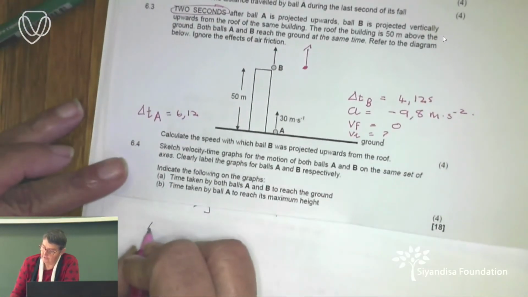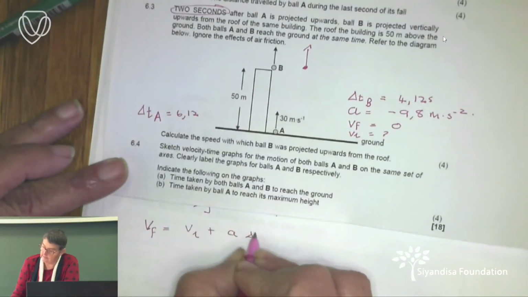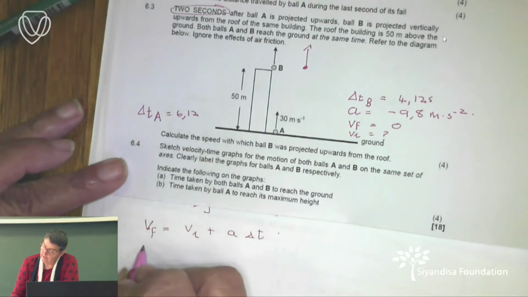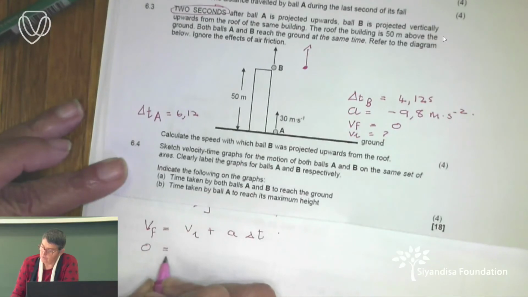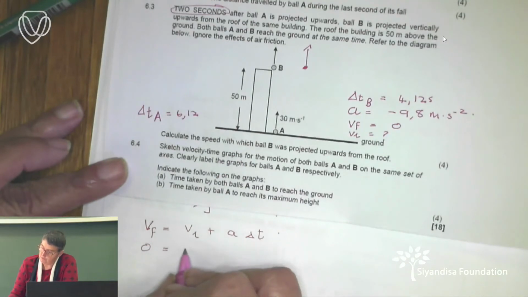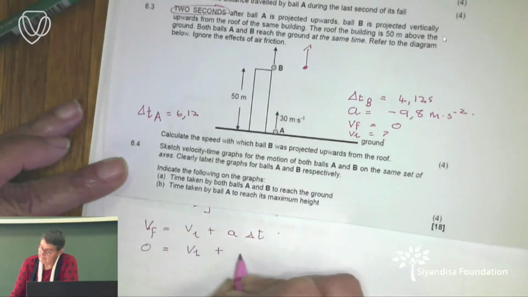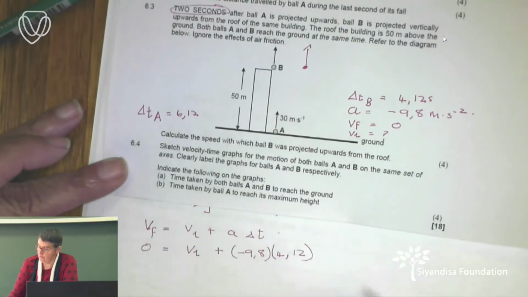So I'm going to use VF is equal to VI plus A delta T. Right, so VF is going to be equal to 0. Sorry, I'll calculate the speed, which is going to be equal to VI plus negative 9,8 times by 4,12.